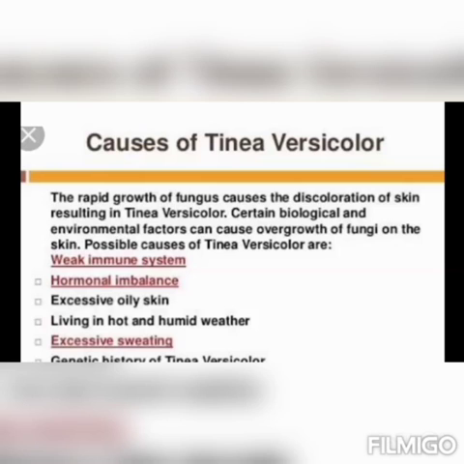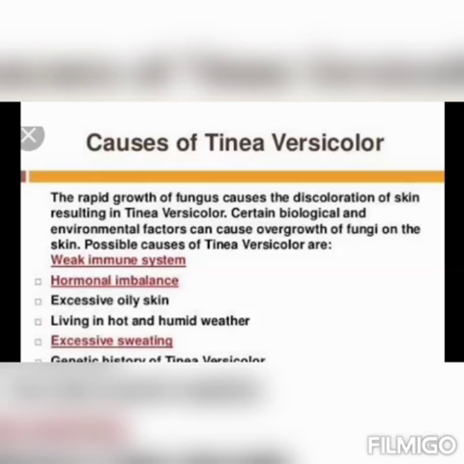Then genetic history of tinea versicolor means if the parents have the history of tinea versicolor, their offspring are also at risk for tinea versicolor. Okay, so it may transfer from parents to the children or offspring.